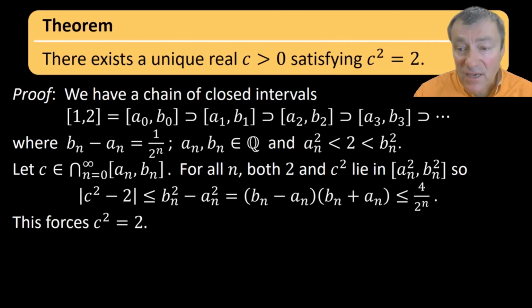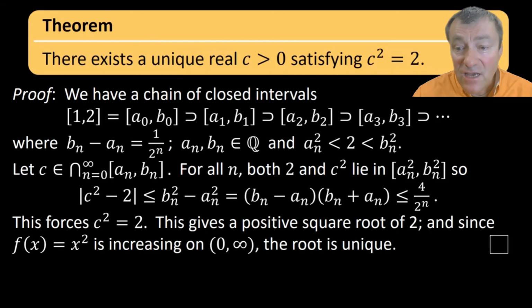Now the left-hand side is a non-negative real number, which must be 0, because choosing n large enough, you can make the right-hand side as small as you want, so the distance between c squared and 2 is as small as you want. That forces c squared to equal 2, and that gives us a positive square root of 2.